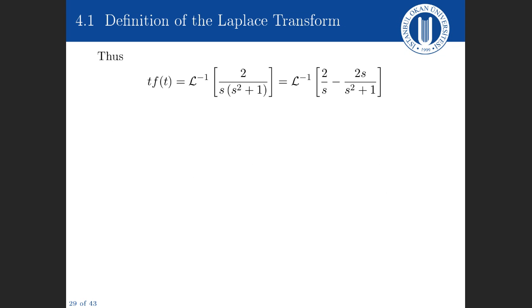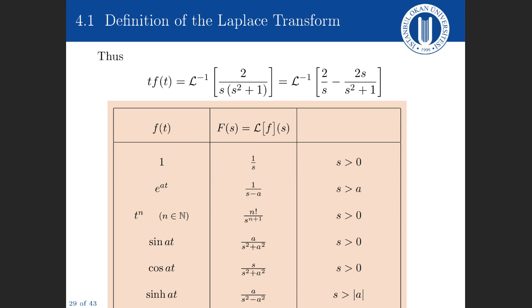We need the inverse Laplace transform of this function. And what we do is we pick up our table of elementary Laplace transforms, and we're looking for something which looks like 2 divided by s, but perhaps with different numbers. Here it is.